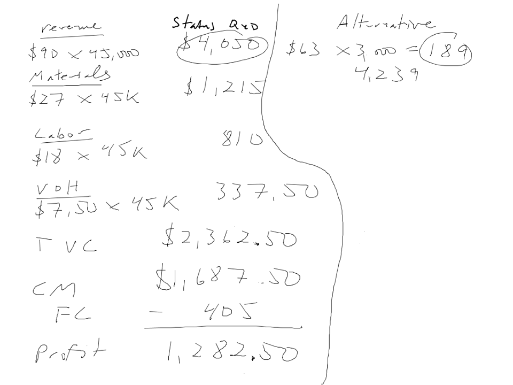All right, now I do the same thing for materials. We already have an amount calculated for the 45,000 for materials in column 1, but now we have to calculate the materials cost for this extra 3,000 units. Now, the fact pattern says that for our regular backpacks that we create, materials is $27 a backpack, right?